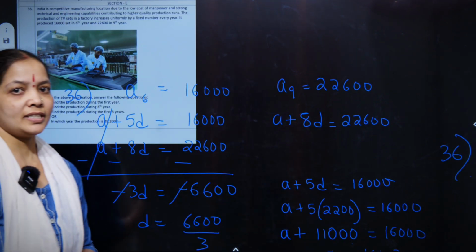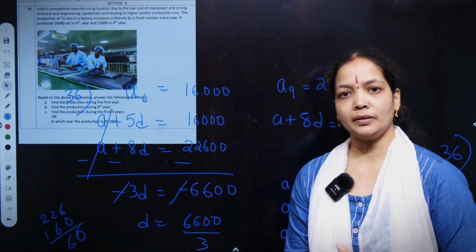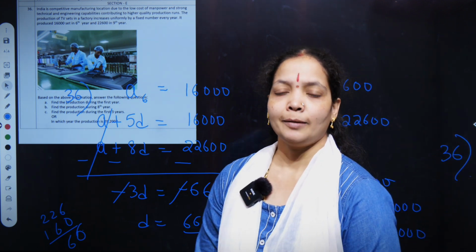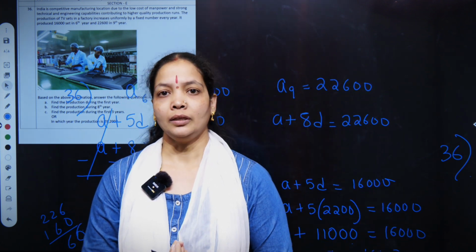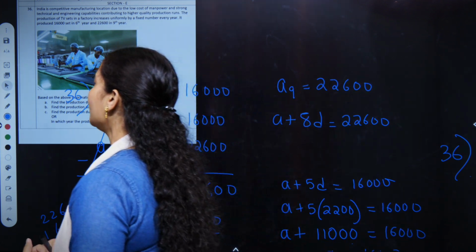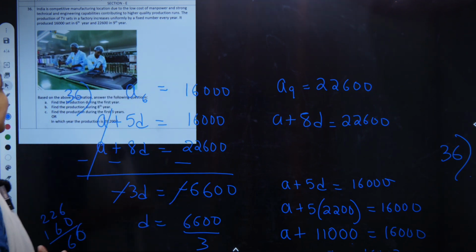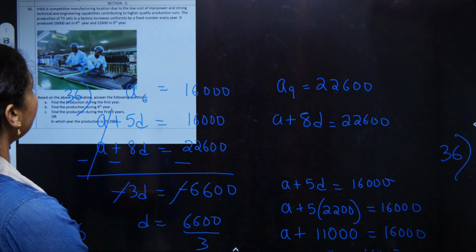Alright. So my dear students, let us now move on to section E, the last part of the question paper, where the questions will be simple, based on a case study, but our computation and the marking will be high. Here there is a case study. India is a competitive manufacturing location due to the low cost of manpower and strong technical and engineering capabilities, contributing to higher quality production runs.